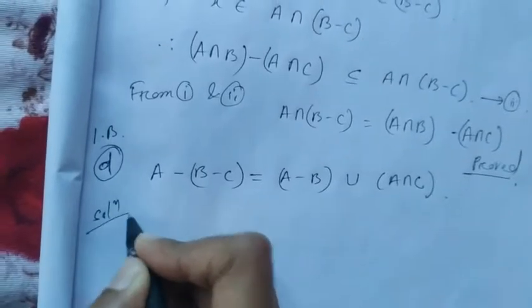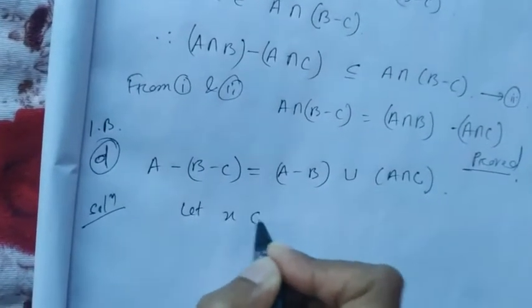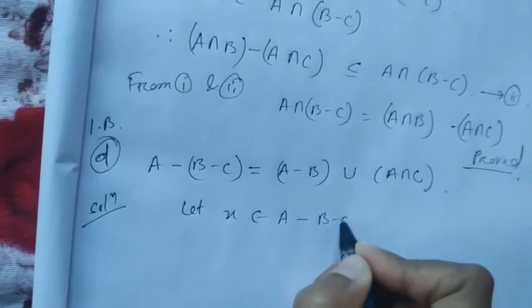First we will take this LHS part. So solution is, let x belongs to A minus (B minus C).